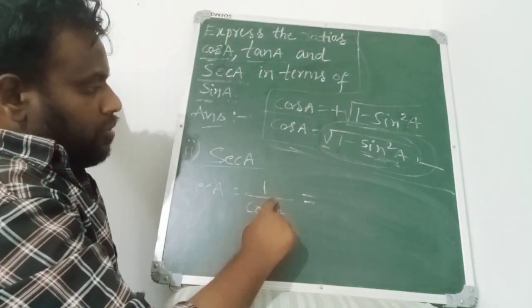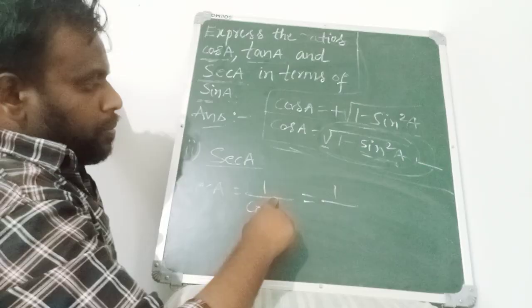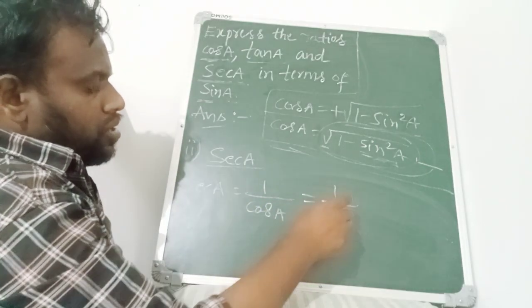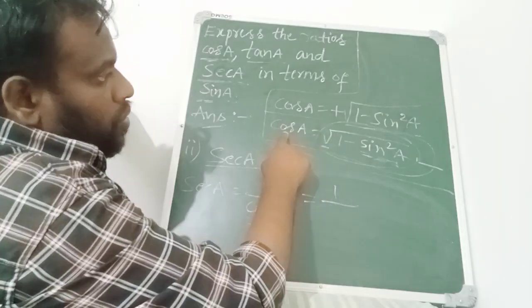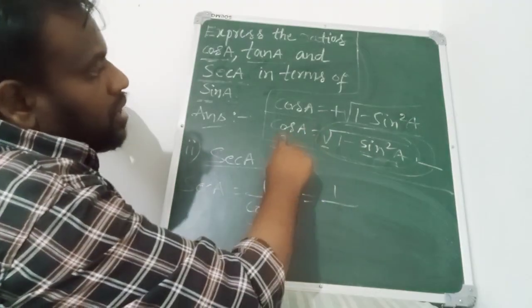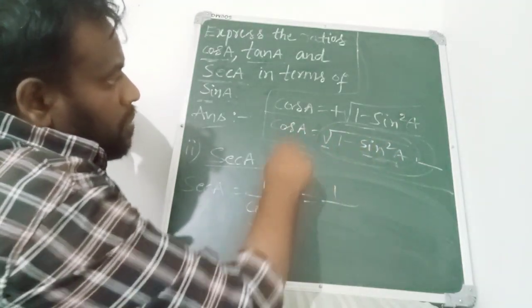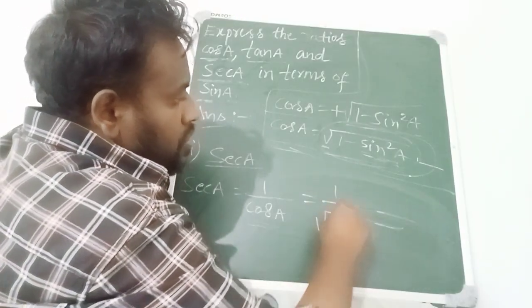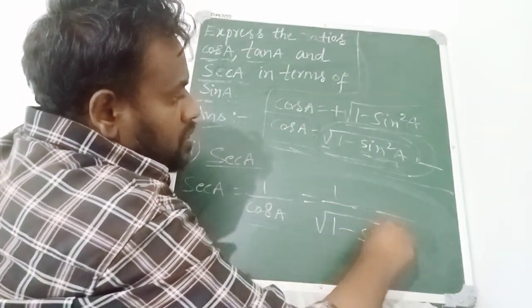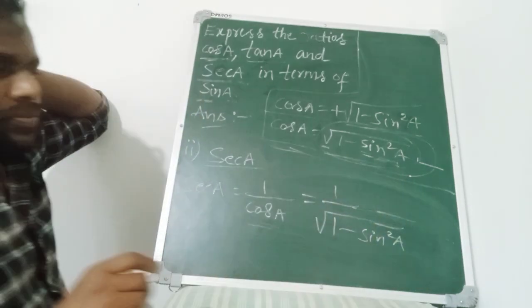First write 1 divided by, as it is. In place of cos A, we can write this, because we have already found out cos A is equal to this. So in place of cos A, I am writing square root of 1 minus sin square A.